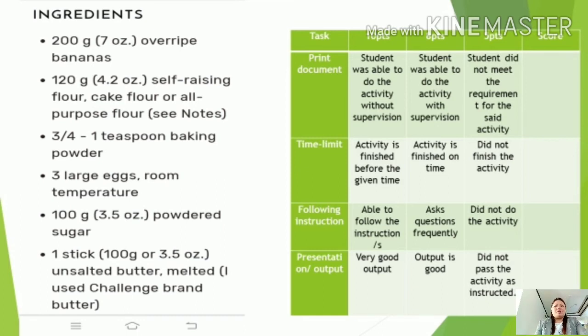Here are the ingredients. 200 grams or 7.0 ounces overripe bananas.